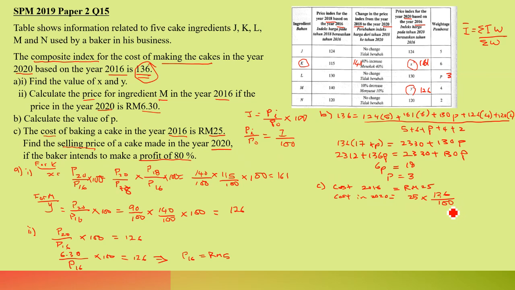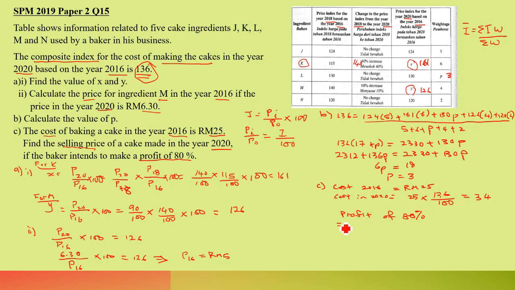So from here, you will get 34 ringgit. This is just the cost, but the question wanted you to find the selling price. You want to make a profit of 80%. So what should be your total selling price?